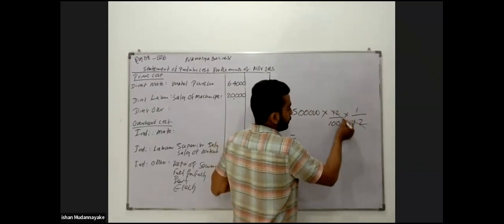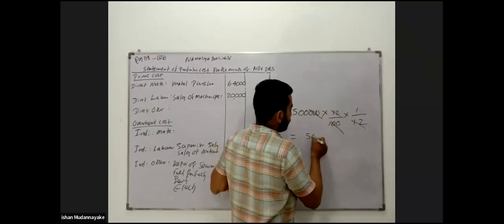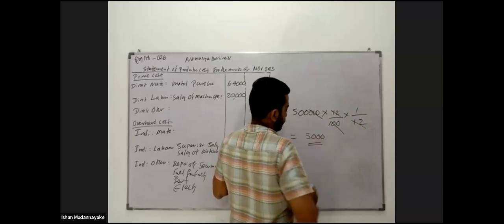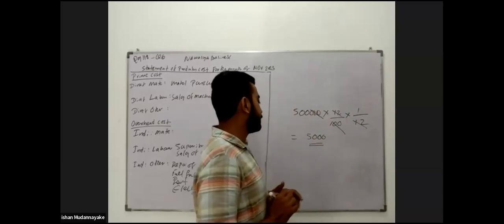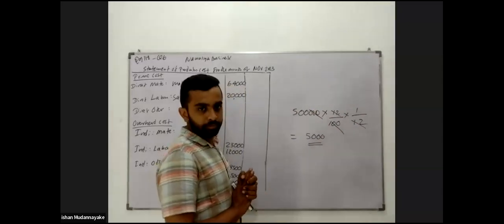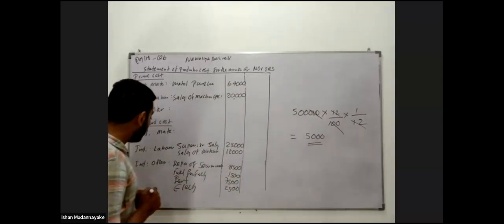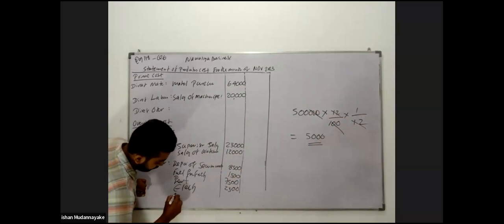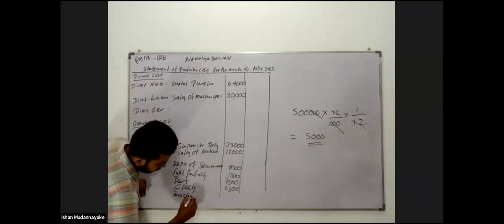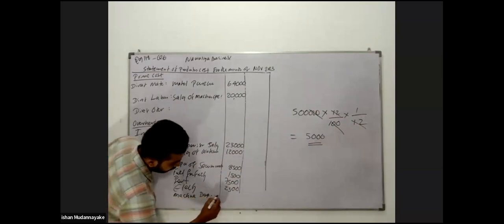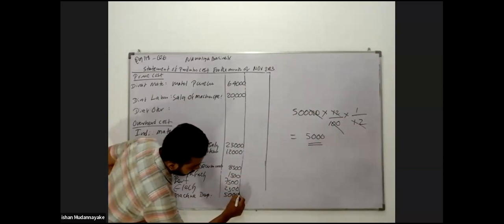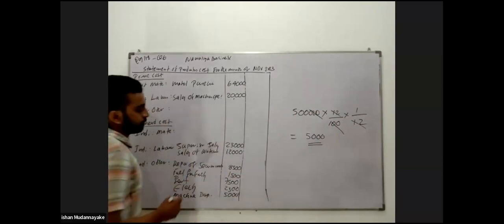Then how much? 5,000. The depreciation expense of the month is 5,000. Then here, indirect other: machine depreciation 5,000.